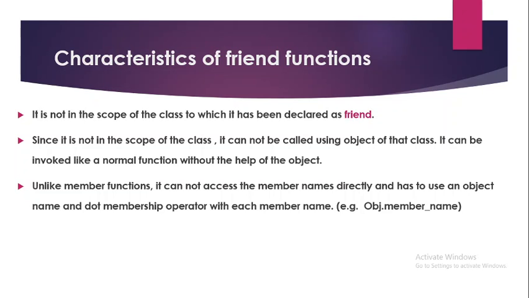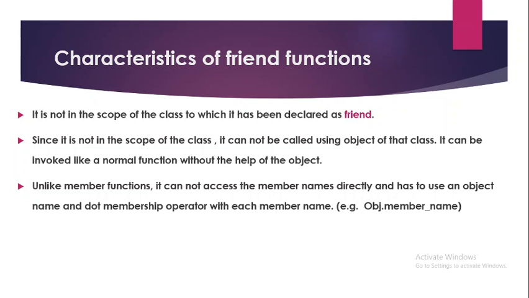Next, unlike a member function, it cannot access the member names directly and has to use an object name and dot membership operator with each member name. So as we have seen, friend functions are not member functions of the class where they are declared as friend.